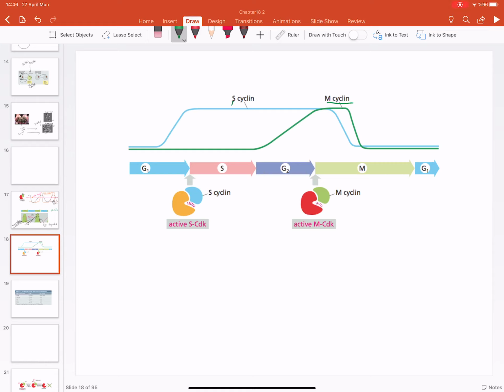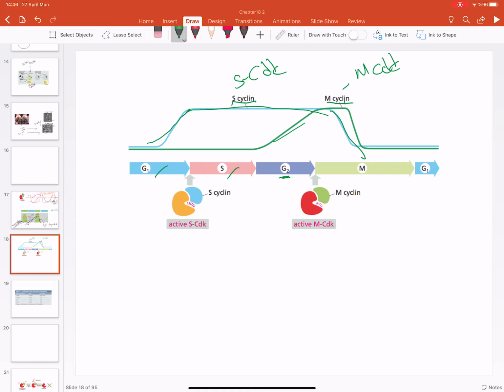This is inducing the activity of S CDK, and this is inducing the activity of M CDK. See the levels here. The level of S cyclin starts to increase early in G1 because it's going to be used here. And at M phase, it decreases sharply because it is ubiquitinated by APC. The M cyclin is not produced in G1 or S. It is produced only in G2 phase. Here it increases, decreases again.